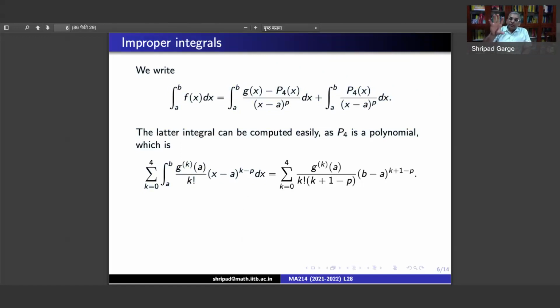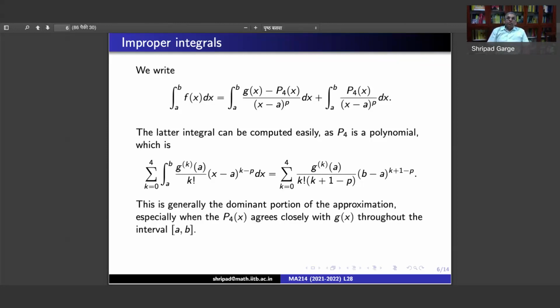So the integration of the second part is computed quite easily, and now we have to compute the integration of the first part. But the second part is really the dominant portion, because P4(x) is the Taylor polynomial, meaning this Taylor polynomial approximates your function quite well in most of the cases.